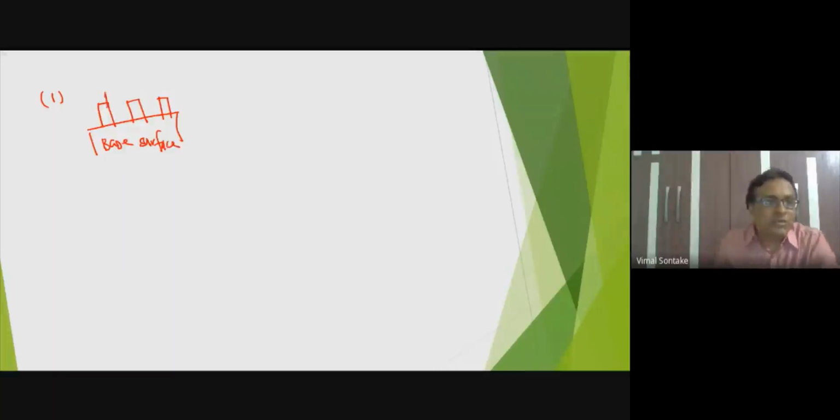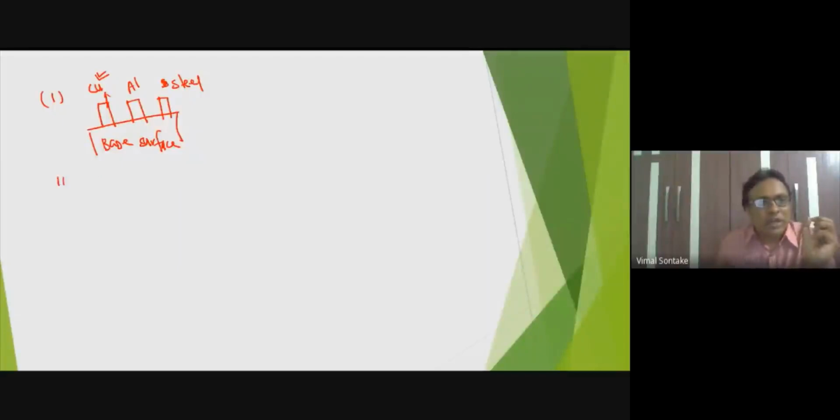Let's say this is made up of copper, this is made up of aluminum, and this is made up of steel. So copper, being the highest thermal conductivity material, will give more enhancement in heat transfer rate. This is conclusion 1.